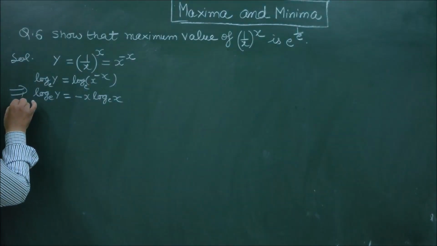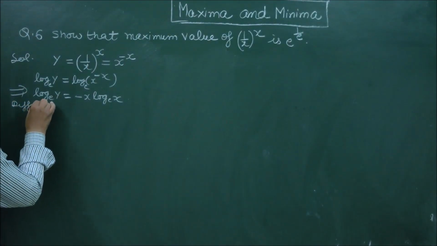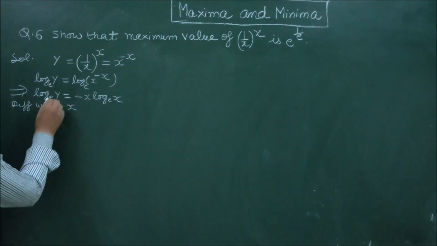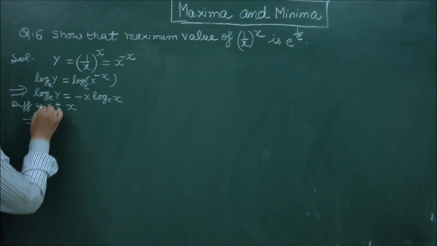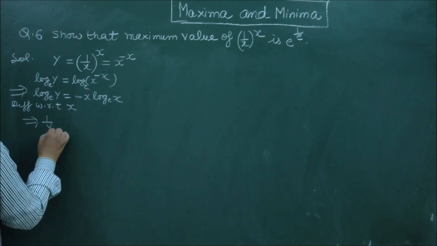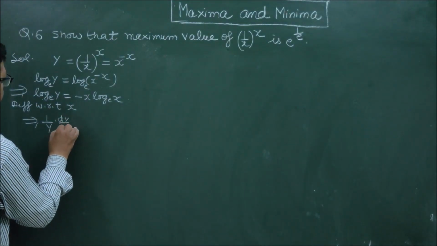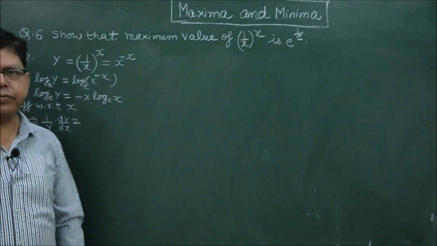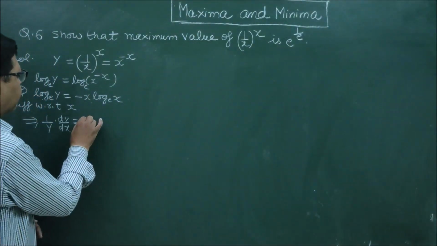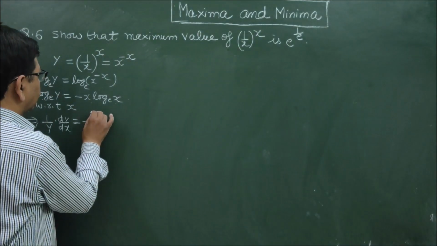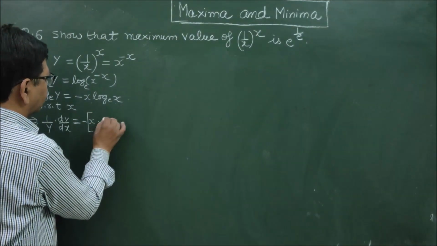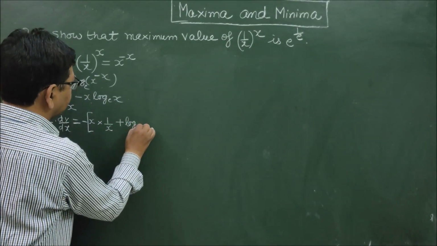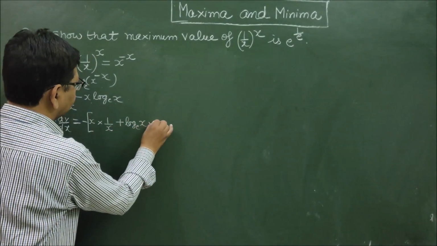Now differentiating with respect to x, the derivative of log y is 1 upon y into dy over dx, which is equal to, applying the product rule, first function minus x into derivative of second, which is 1 upon x, plus log x into derivative of first, which is 1.